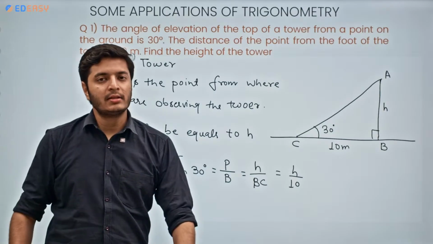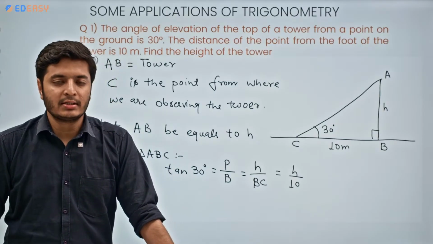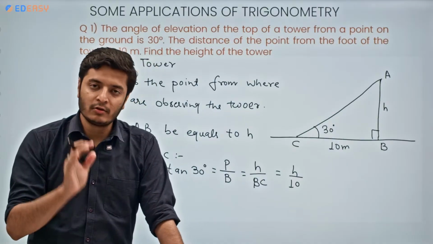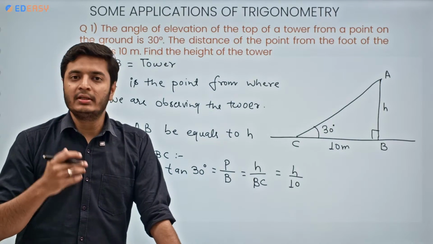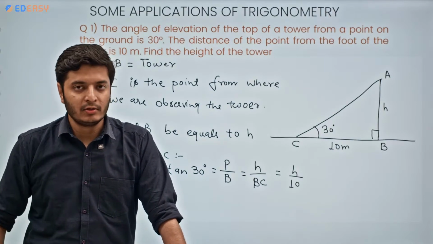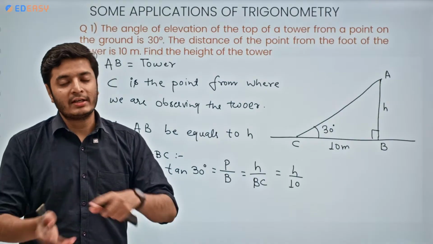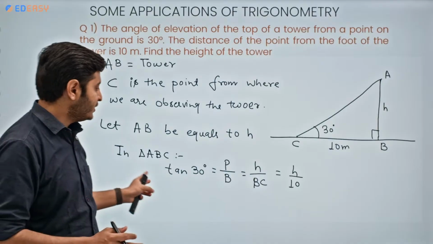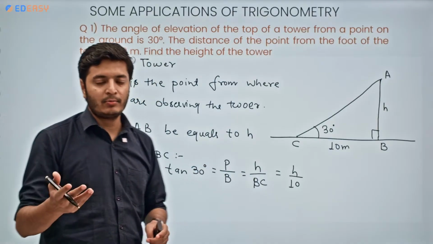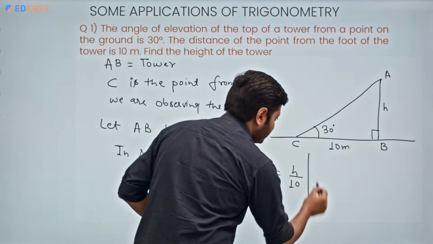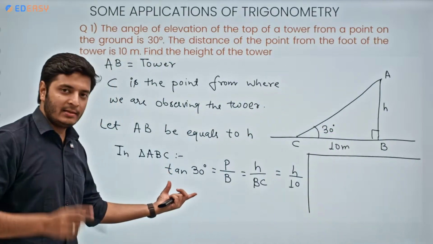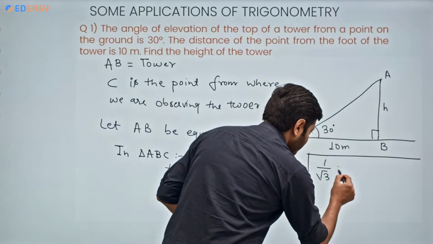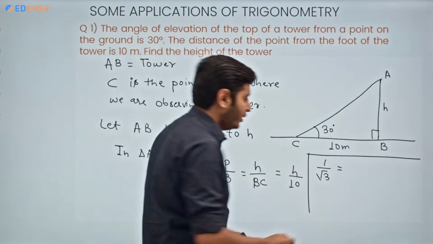Do we know the value of tan 30 degree? I do remember it. It is basically 1 upon root 3. Even if you are aware of the value, but you want to be double sure that you are remembering the correct value, you can look at the table that you have created in the rough sheet. Using that table, you can easily tell the value of tan 30 degree, that is 1 upon root 3. So basically, in place of tan 30, I will write 1 upon root 3, and this value is equal to H upon 10.